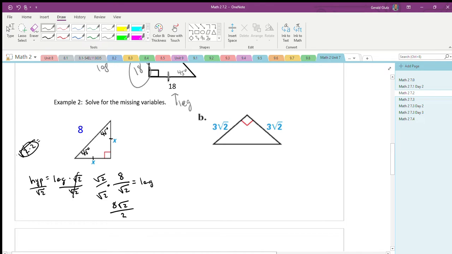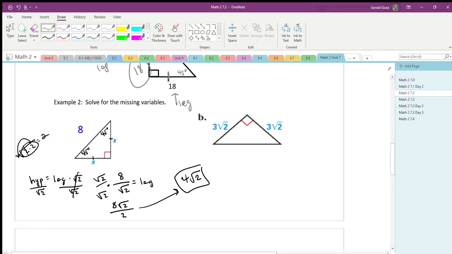I've got a pair of 2's, one goes away, the other one comes out. So now I have 8 root 2 divided by 2. I look to see if the whole numbers have any common factors. 2 goes into both of them. How many times does 2 go into 8? 4 times. 2 goes into 2 once, so I'll have 4 over 1, or just 4 root 2.